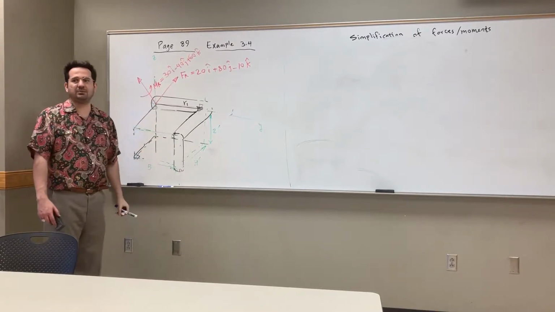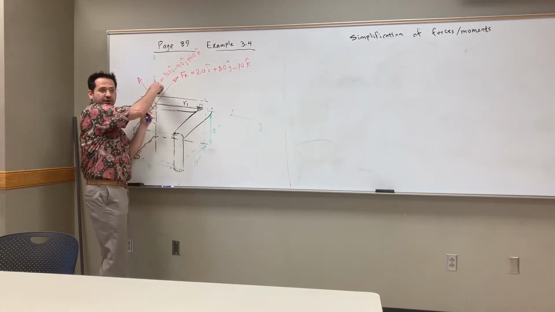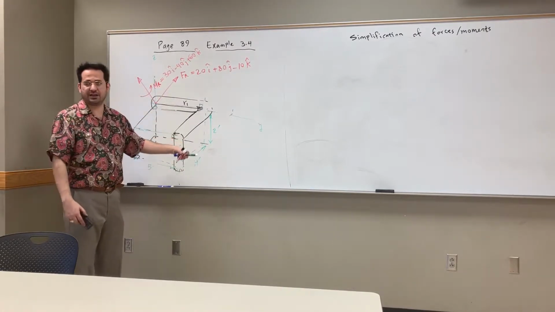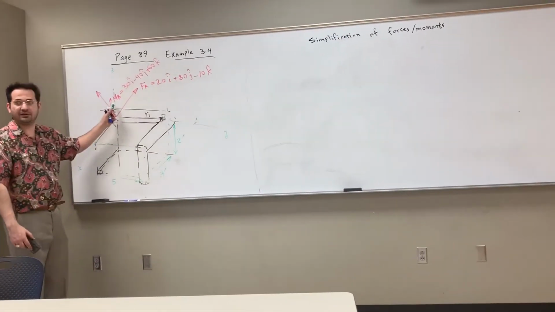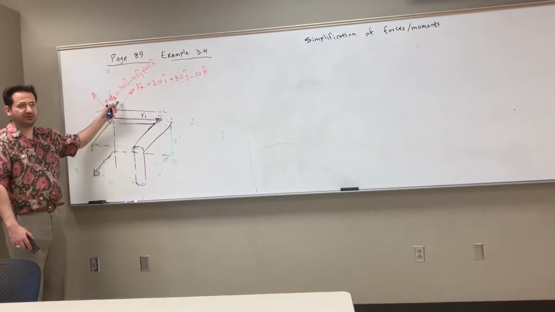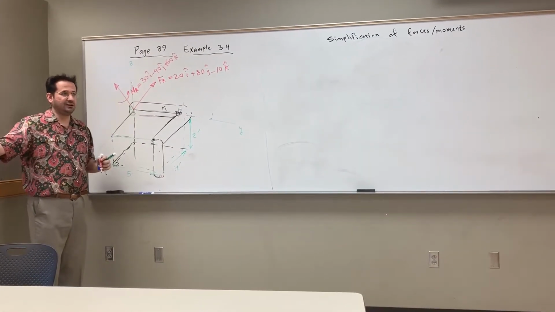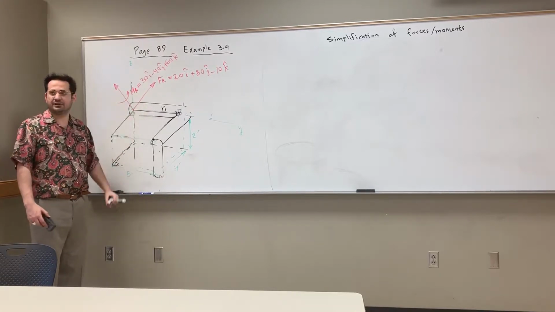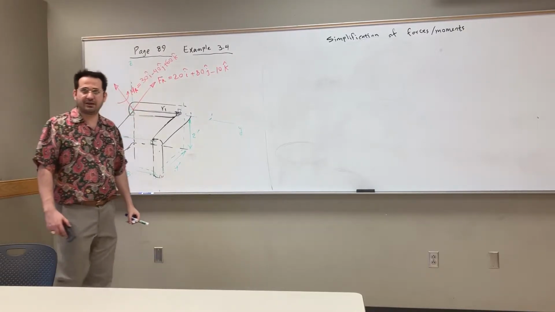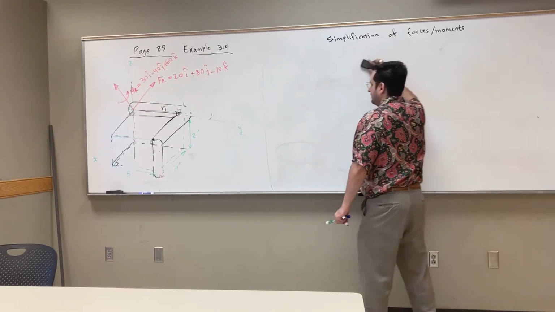In this case, it's not a big simplification because we had two forces and we end up with two. But let's say we have 10 forces and 11 moments. Then at the end, I have one force and one moment. So I simplify 21 parameters to 2 parameters. That's a very useful tool in order to help us understand the physics.